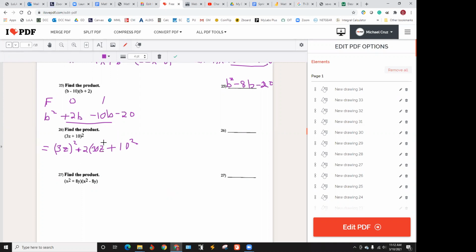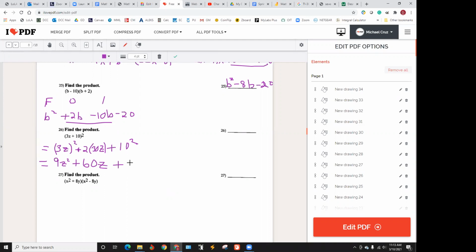It'll work. Like I said, I'm just taking the quick way. So that's 60z. And what you'll see when you're FOILing it out, you'll come out with 2 30z's, which is where the 60 comes from.